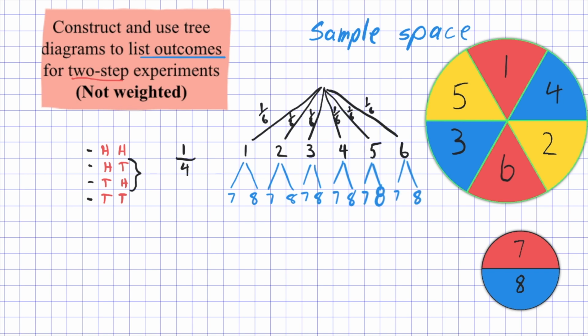Now, as you can see, we can get the overall sample space, the number of them at least, by counting the number of values we have along this bottom row. We've got 1, 2, 3, 4, 5, 6, 7, 8, 9, 10, 11, 12. Well, hold on. We had 2 options here. We had 6 options here.